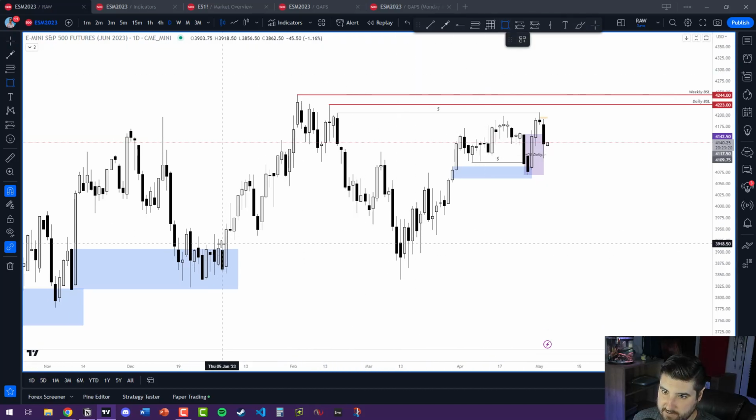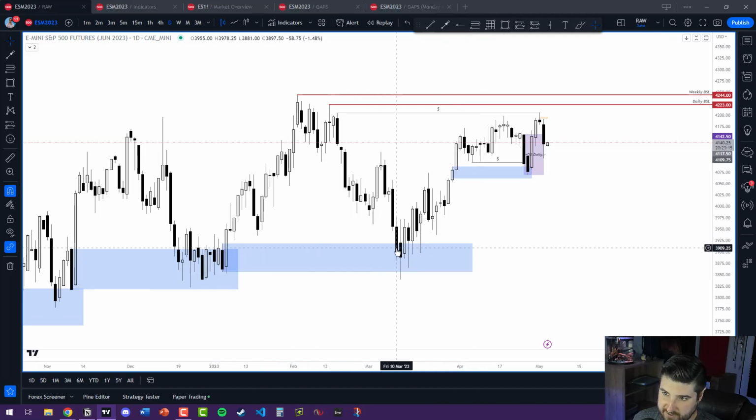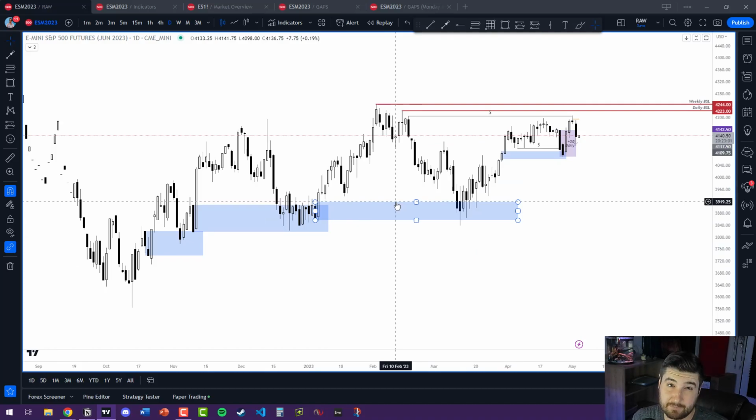And if we carry on, we go to this last down close, respected again. You also keep in mind, you want price to come in here and then leave. Now, depending on when you got in on this trade, you may have got taken out only for price to go back and run. So you need to have a setup and rules on the lower time frames to go hand in hand with these support and resistance areas.